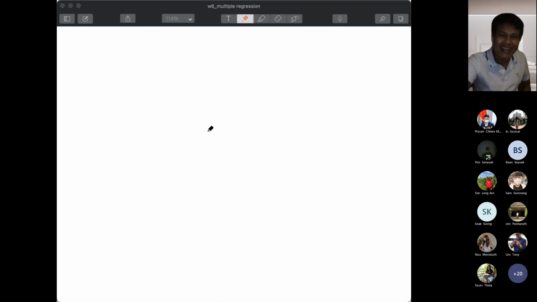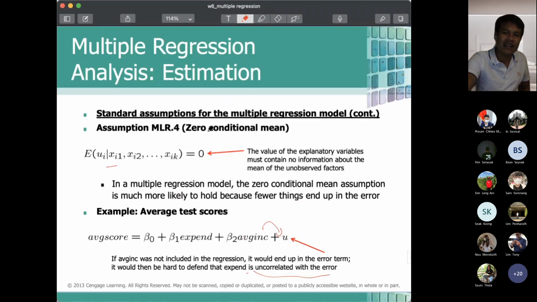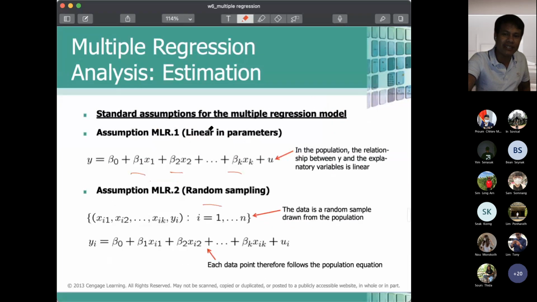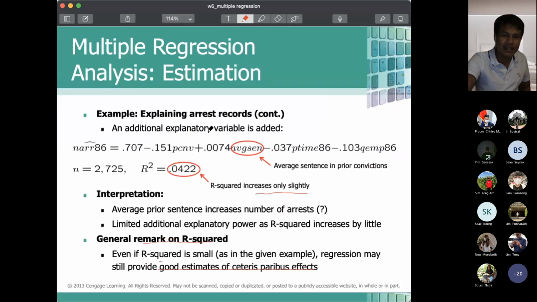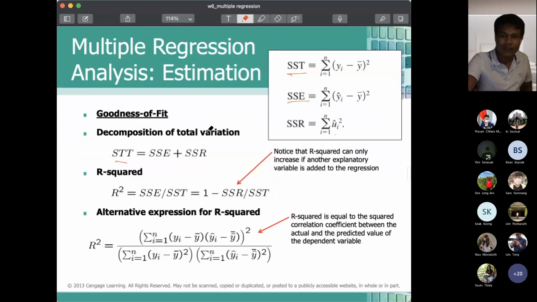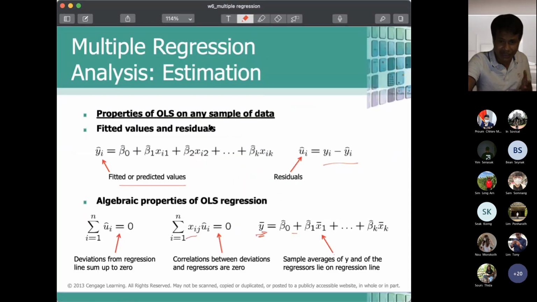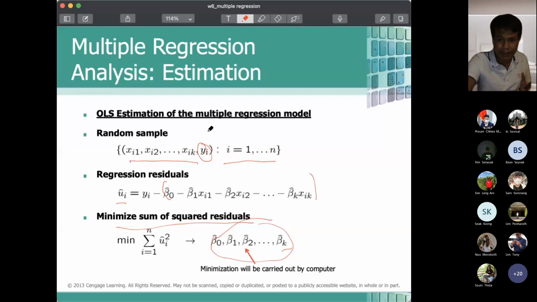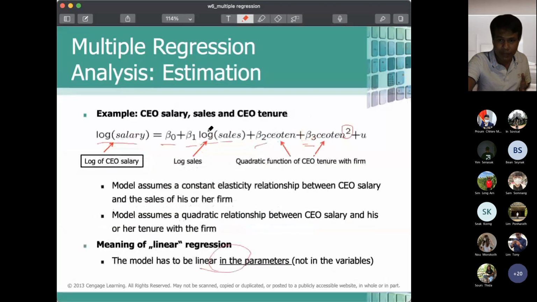The quadratic functional form is something that should not be interpreted now. It is another story. But just to give you an idea, wait a minute. Can you see the share screen? Right.